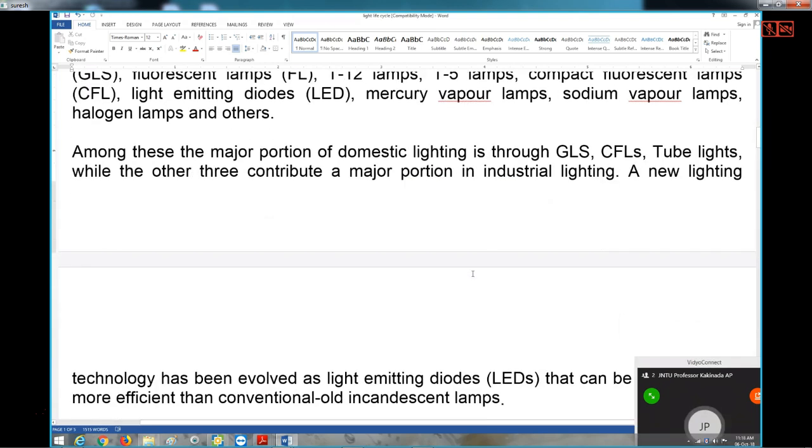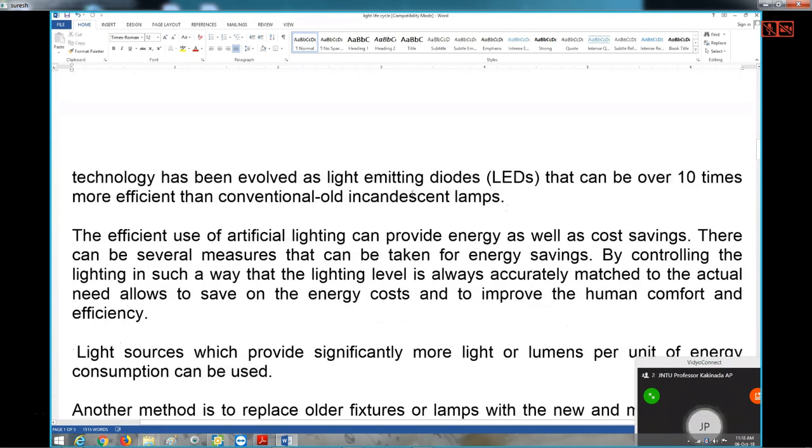Now coming to domestic applications of lighting, we generally use fluorescent tubes, compact fluorescent lamps, and tube lights. Nowadays, new lighting technology has replaced them with light emitting diodes, which are 10 times more efficient compared with old incandescent lamps.